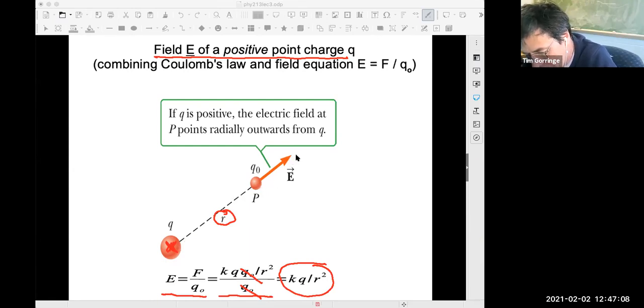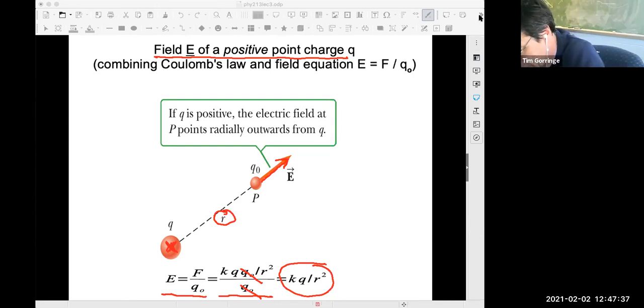Therefore, the force is radially outwards from the source charge, as I've pictured here. And therefore, the field is radially outwards from a positive charge. So the direction of the field is away from the positive charge. Well, this is an important building block to know the field that's created by a single positive charge.